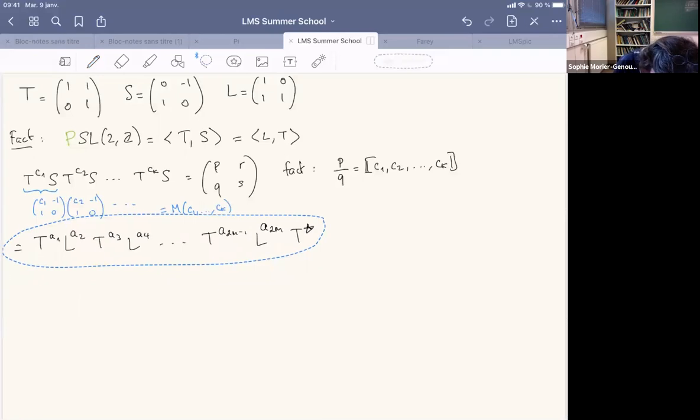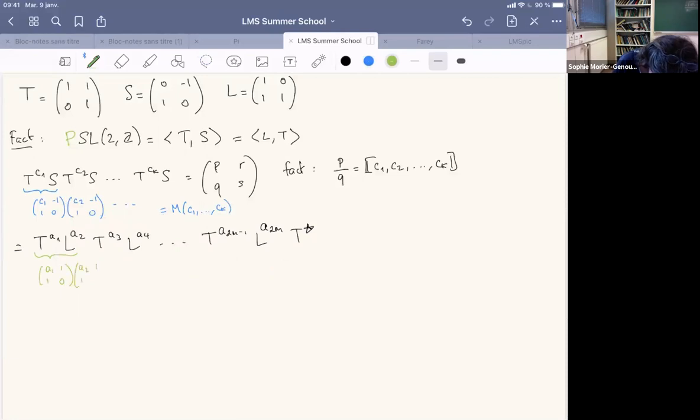Okay, and here, if you compute the product of these two, you will have (A1, 1; 1, 0), (A2, 1; 1, 0). I'm not saying that T to the A1 is this matrix and L to the A2 is this matrix. This is wrong. These matrices have determinant -1, so it's not individually this matrix and this matrix.